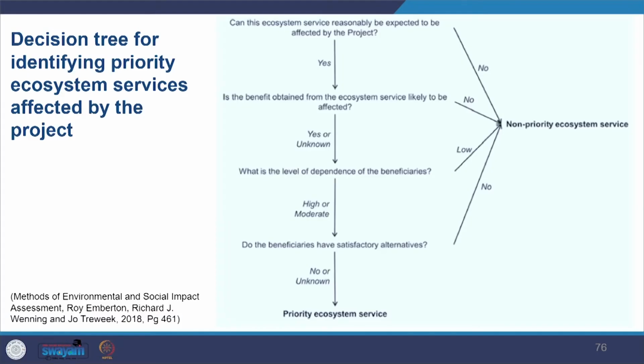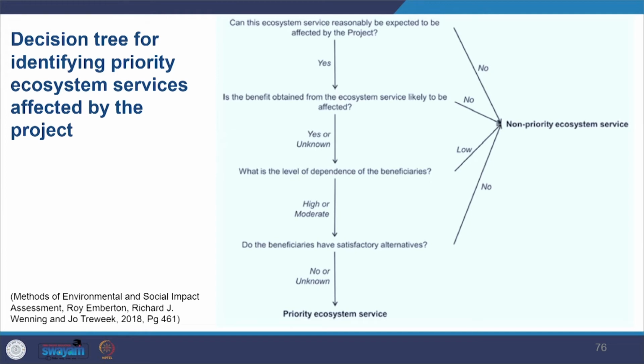You can see the decision tree shown here, which reflects the criteria that might be used to identify the priority ecosystem services. Is the supply or use of ecosystem services affected by the project, whether it is supplied from ecosystems located in areas exposed to land use change as a direct or indirect result of the project, or because the presence of the project will affect the ability of the users to access it?